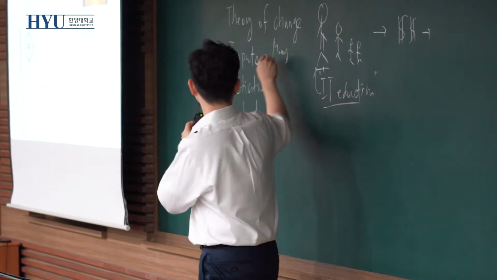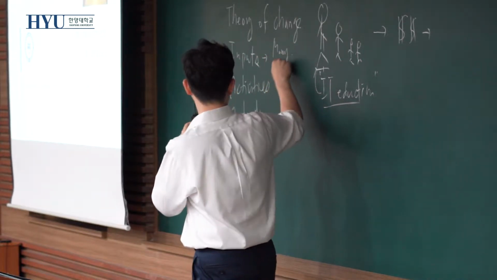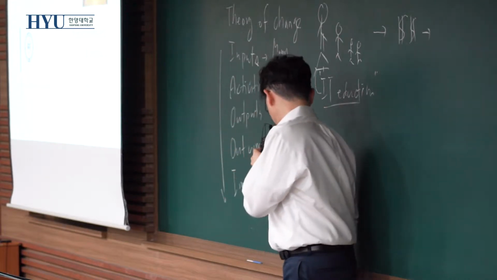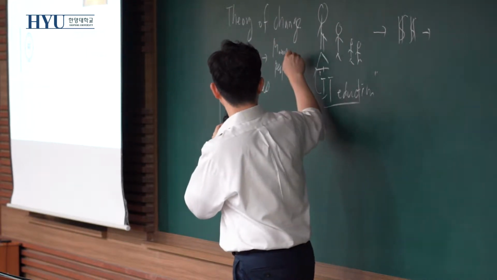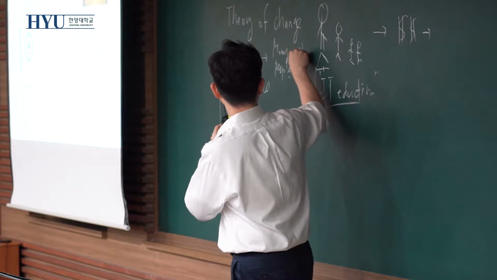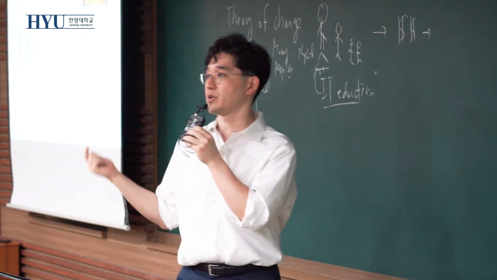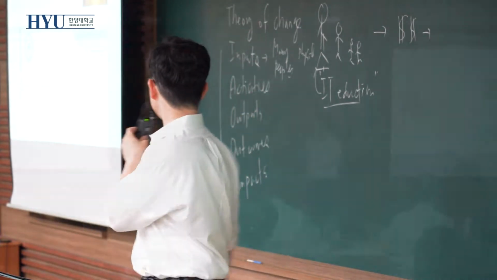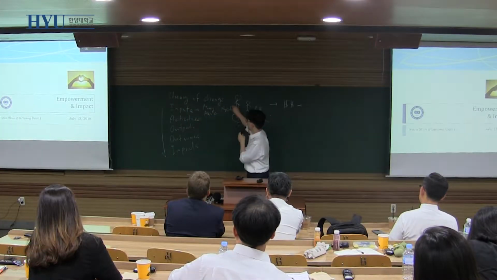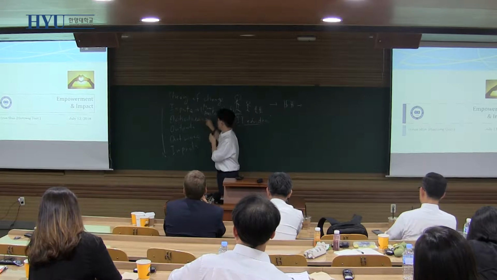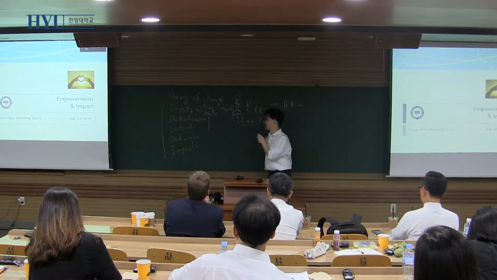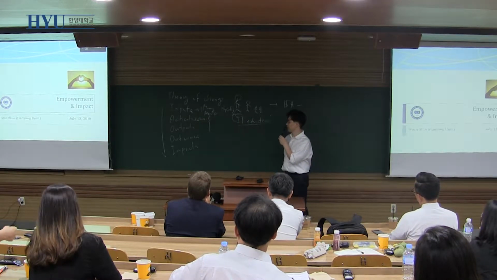And we need people: instructors, administration, something like that. And also we need some physical resources. For example, we need a computer lab, and software, hardware, computers, something like that. When we have this kind of input, the next task is to design activities.